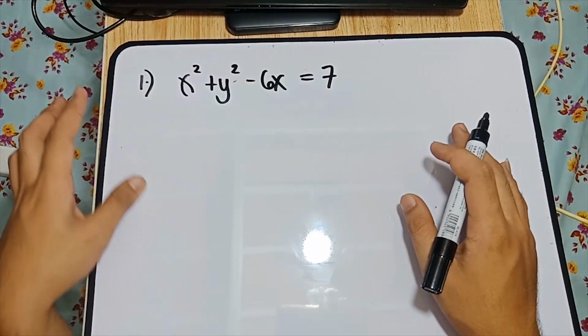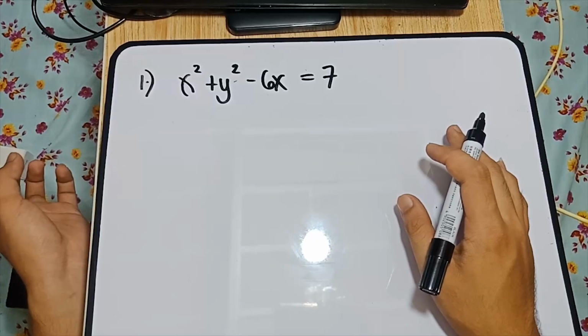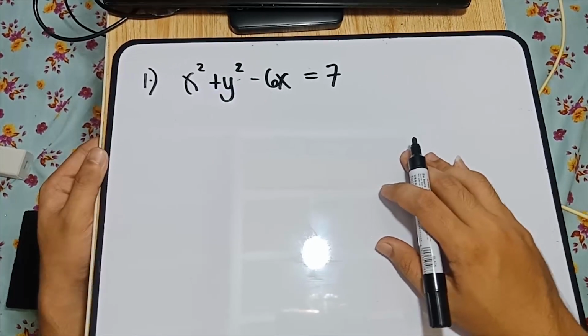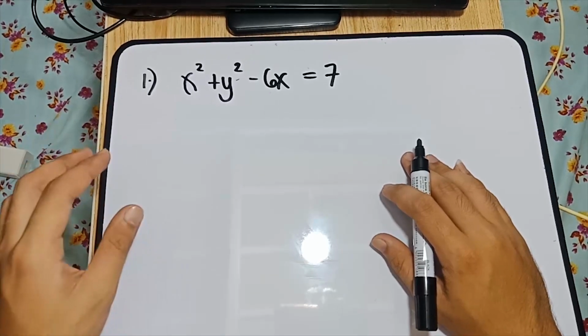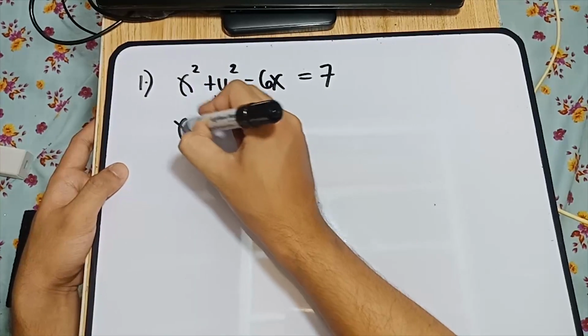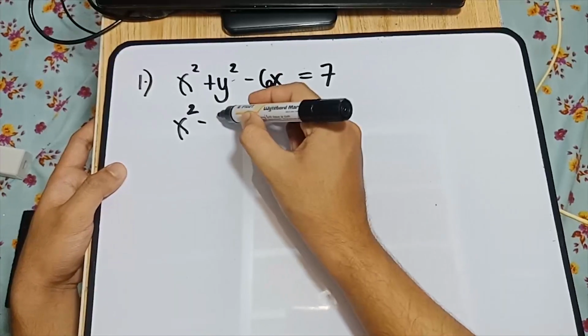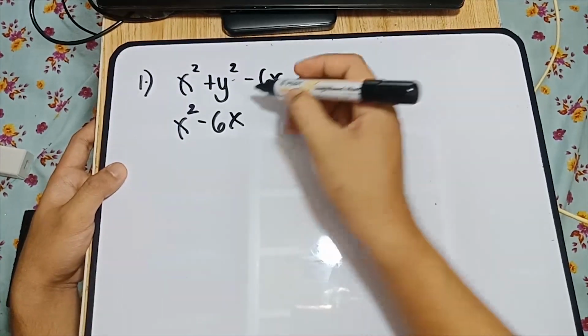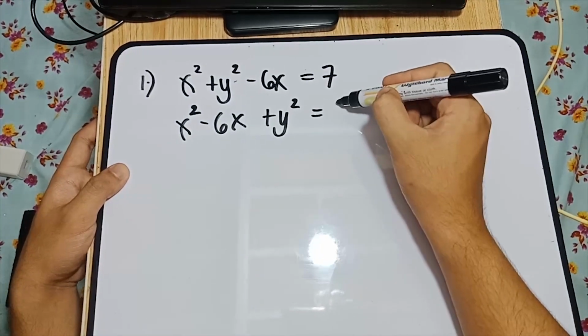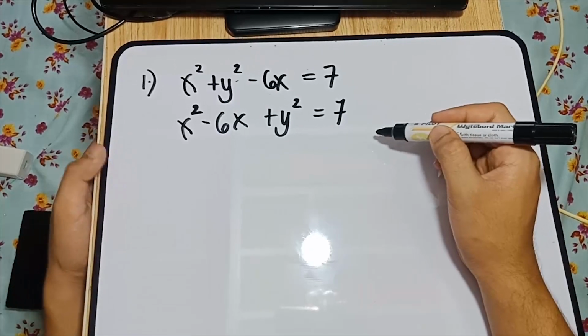Ang process dito, gagamit tayo ng completing the square. So, gagamitin natin yung concept ng completing the square para makuha yung standard form of equation of a circle. Again, first step, pagsamahin natin yung merong x, tapos yung y squared, and then yung constant sa kabila.